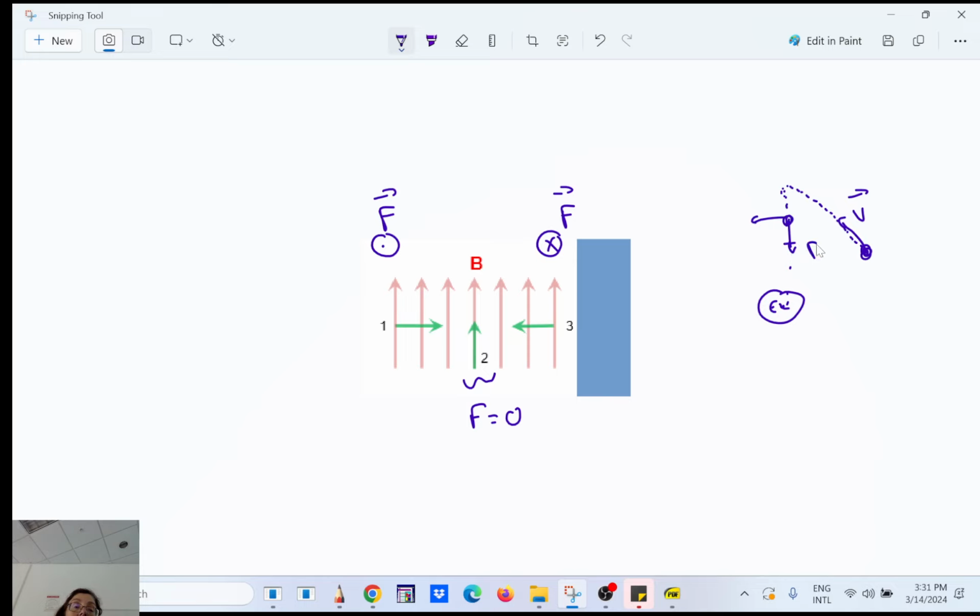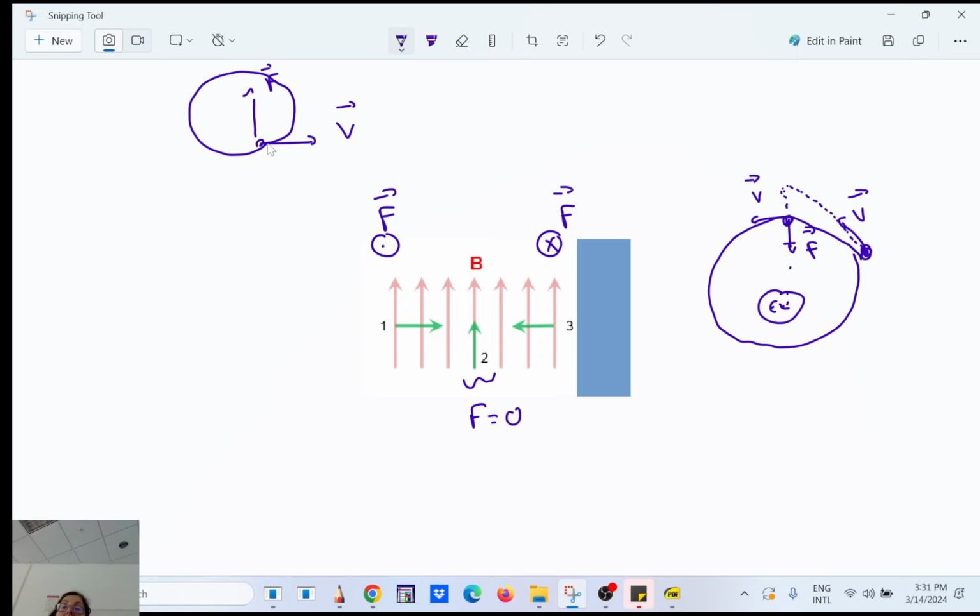That force is perpendicular to the velocity. So this is called a centripetal force. So each time you have a force perpendicular to the velocity, it will describe a circular path. So if something is moving in this direction and there is a force in that direction, it will start to circle around.